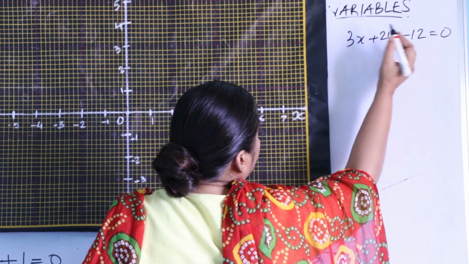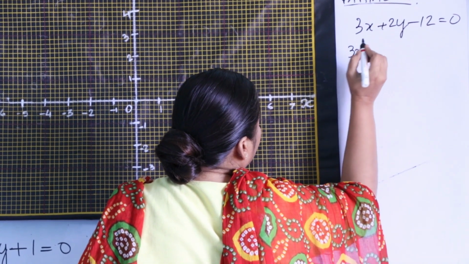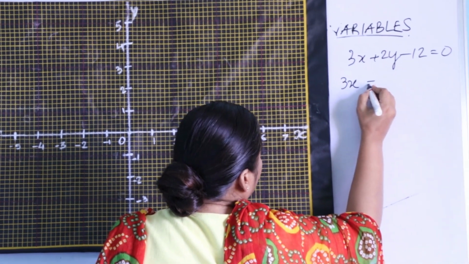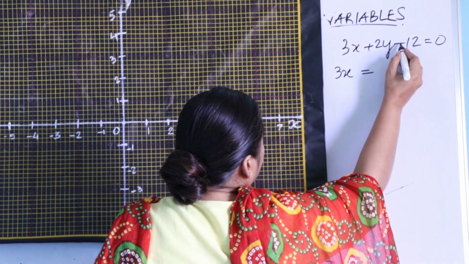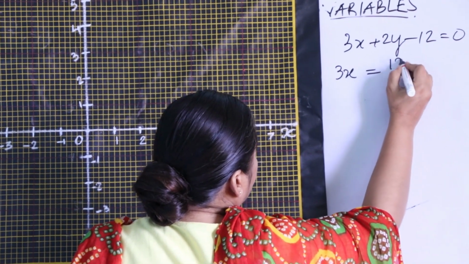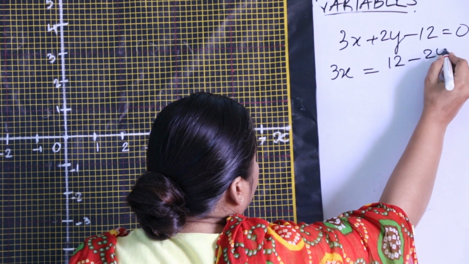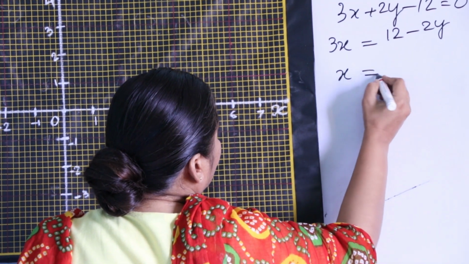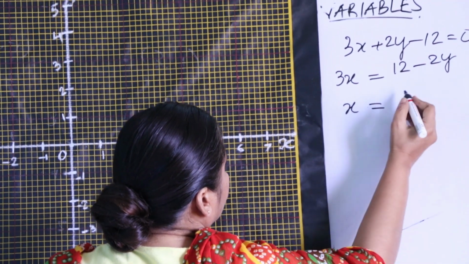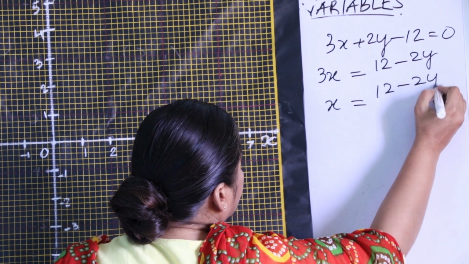Express x in terms of y, which means we are keeping only x on one side, but one by one we have to transpose. First, transpose minus 12, change to plus, and get the negative value here, minus 2y. This is only for easy understanding. You won't have many errors, that's it. So here again, 12 minus 2y.